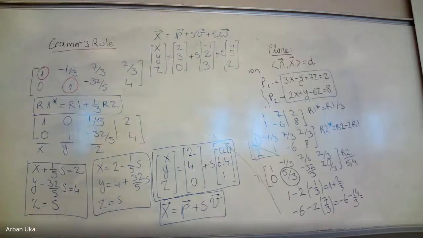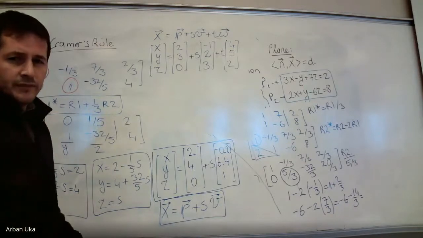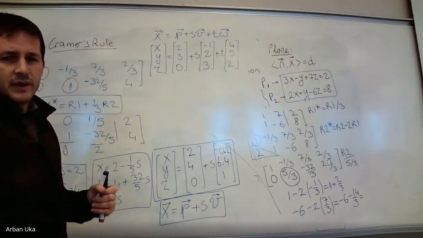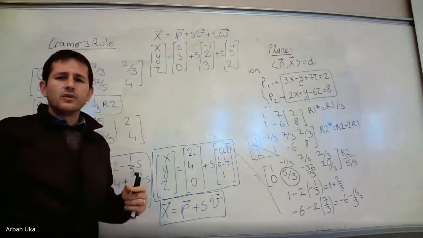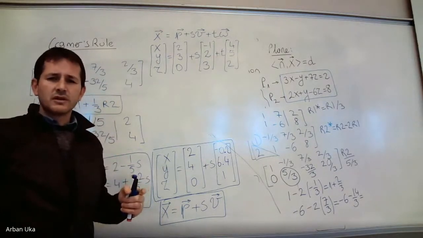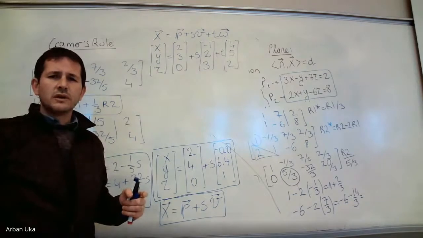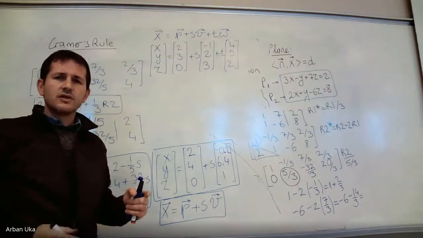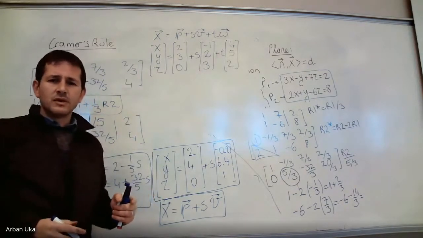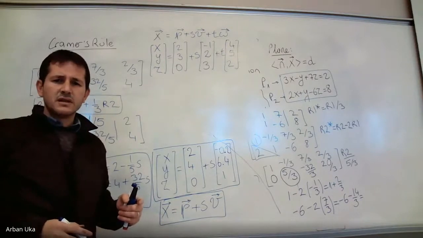And we want to find the Cartesian representation. To do this, all you need to do is remove s and t. How do you do it? You express s as a function of the other variables, and you substitute. This is the technique. That's it, okay?